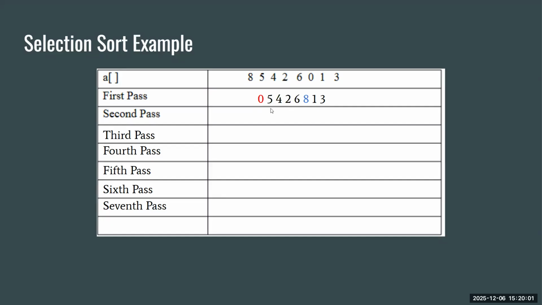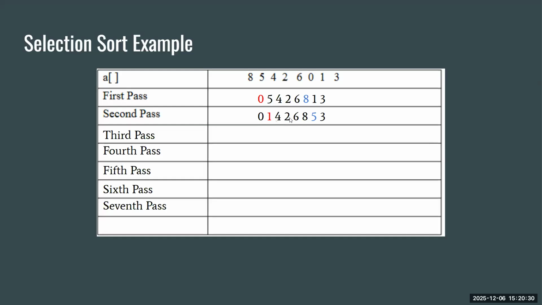And for the next iteration, the next minimum value is 1, and we're at position 2. So 5 is going to be swapped with 1. And then for the third pass, it's going to look for the minimum value here. And we're at the third position, index 2, if we're talking 0 index.